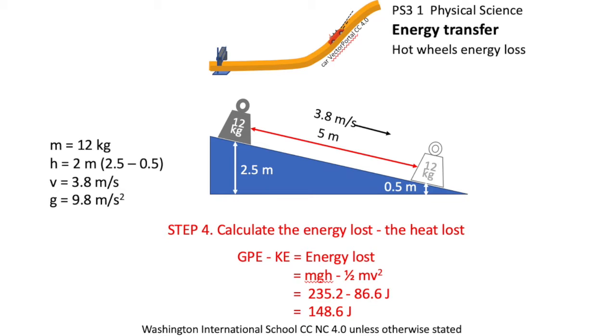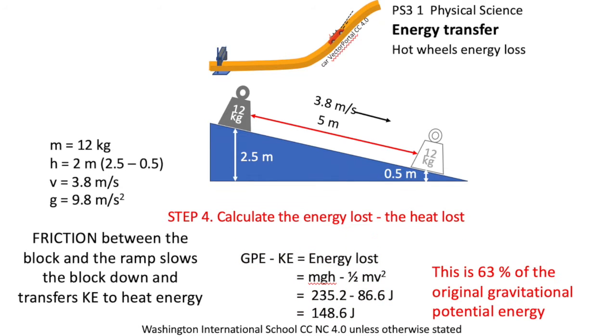Step 4, calculating the energy lost, which will be the potential energy minus the kinetic energy. So it's mgh minus half mv squared. Working out both of those in joules, you get an answer of 148.6 joules.